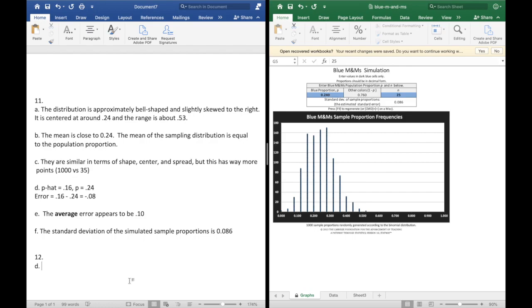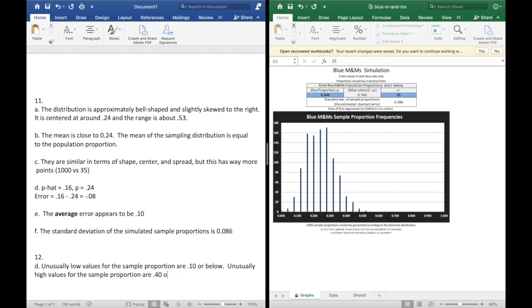So let's write this down. For D, unusually low values for the sample proportion are 0.10 or below. And then I'll say unusually high values for the sample proportion are 0.40 or above.